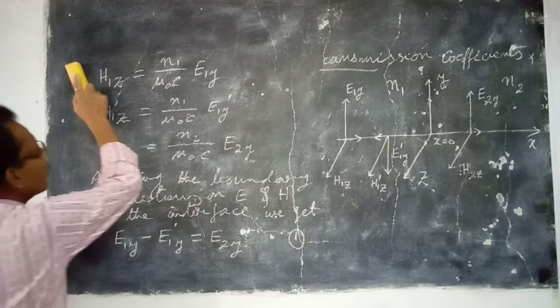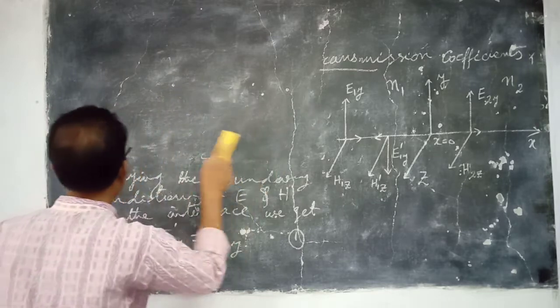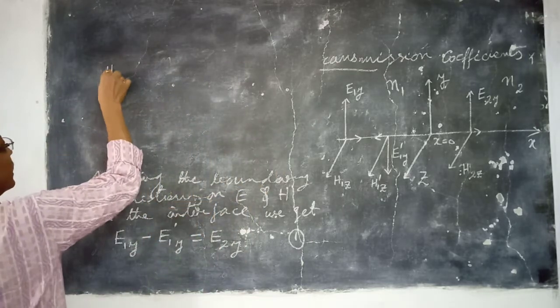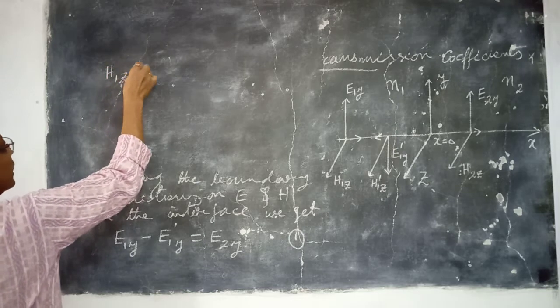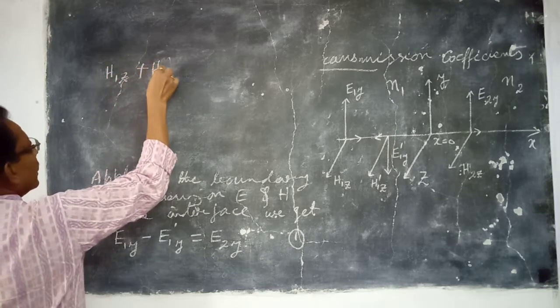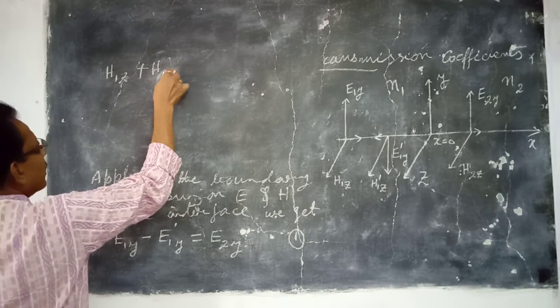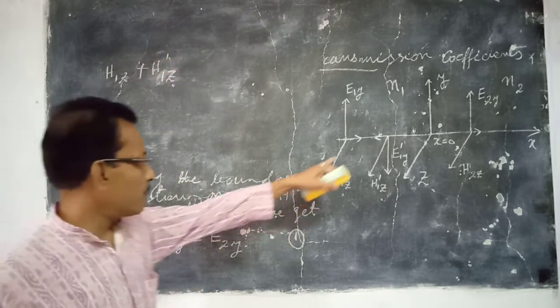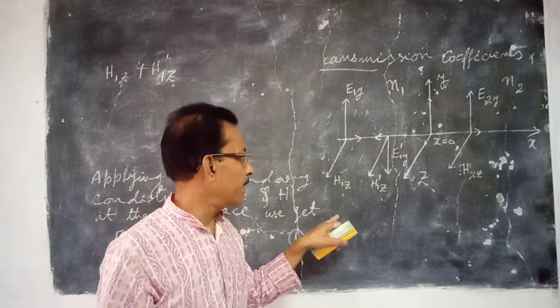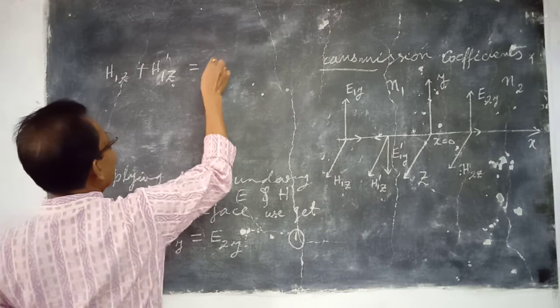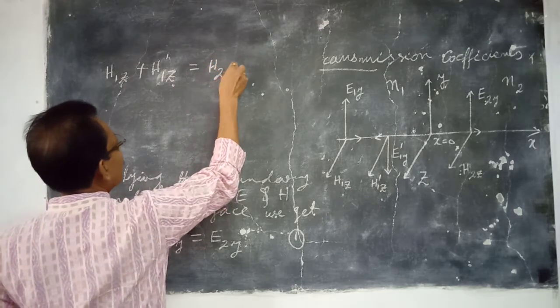And for the magnetic field, the tangential component, H1z plus H1z prime, because both are in the positive z axis, is equal to H2z.